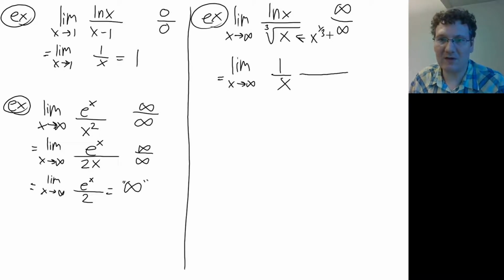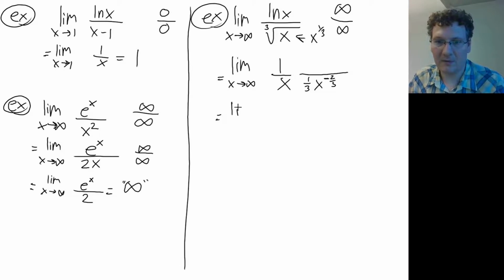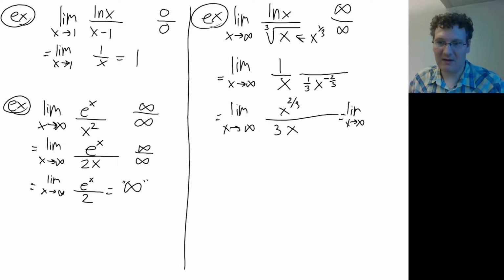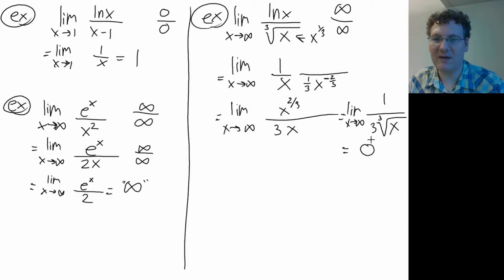The derivative of x to the 1/3 is 1/3 x to the negative 2/3, so that's 3x down here and x to the 2/3 here, which simplifies to the limit as x goes to infinity of 1 over 3 times the cube root of x. And clearly this limit is 0, because you're dividing by a number that grows and grows and grows. So this limit is 0.